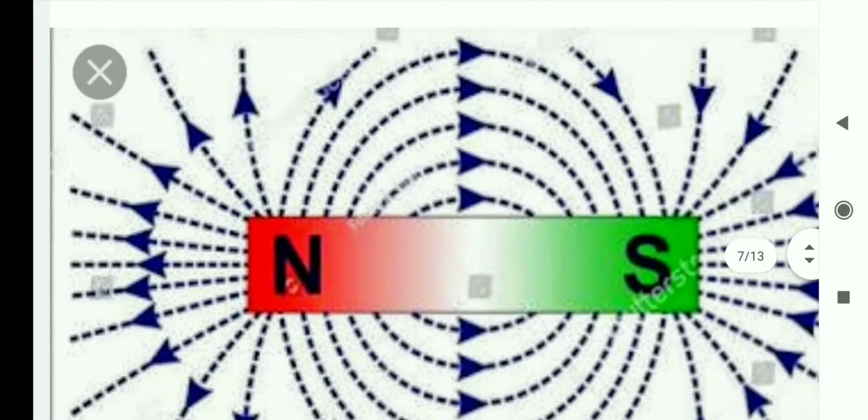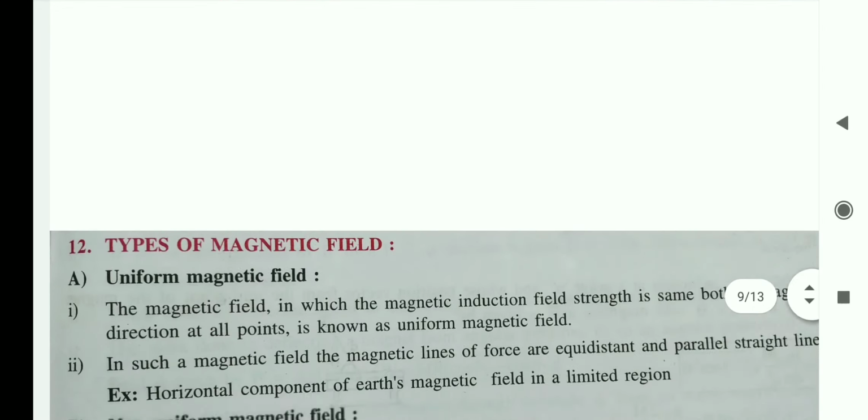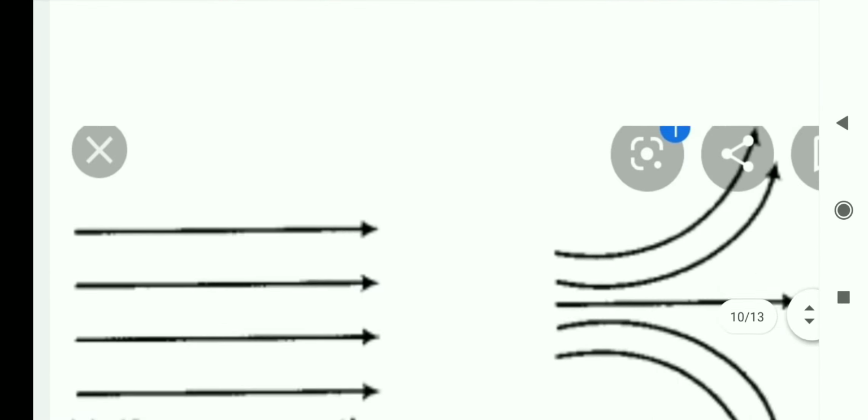If the lines of force are crowded, this means more density, the number of lines is more, then we can say the field is stronger. If they are moving away, the flux lines are rarer and less dense, then the field is weak. For example, in the second diagram, initially the lines are crowded.